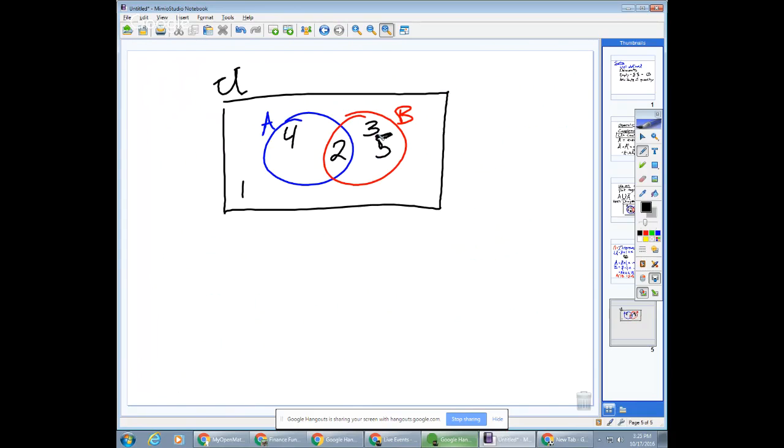Oops, whoa, that's a weird 5. Oh well, we'll go with it. 6, even, not prime. 7, prime, not even. 8, even, not prime. 9, it's, yeah, somewhere out here, could be by the 1, anywhere outside of those two circles.